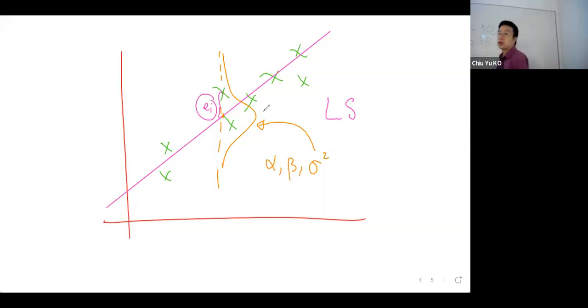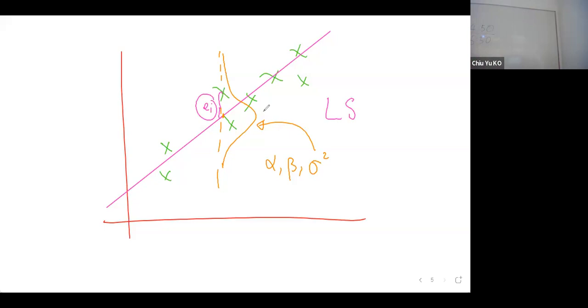Let me repeat the statement here. It's a little bit more convoluted. Instead of fitting a line to minimize this, you assume the model you have is a line plus a bell curve. You try to fit the bell curve such that it is the best fit for the data you have.